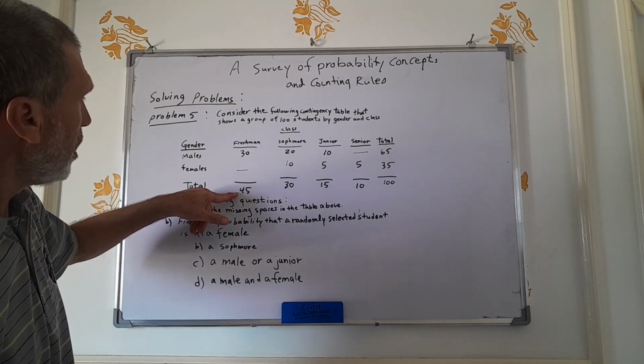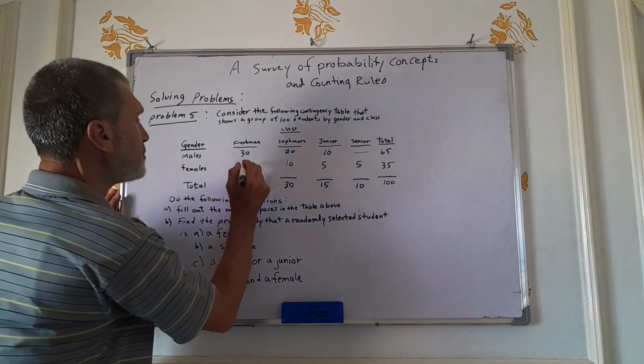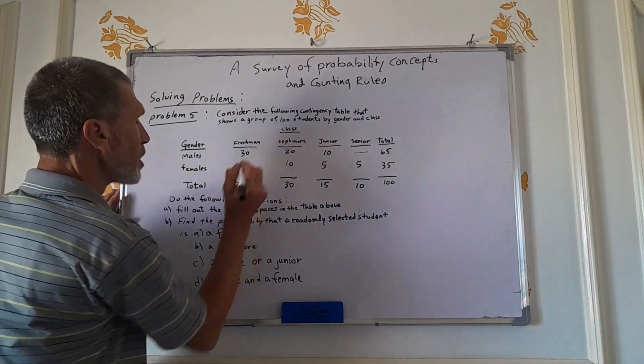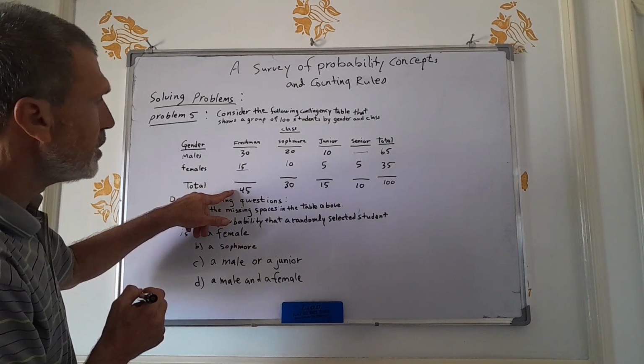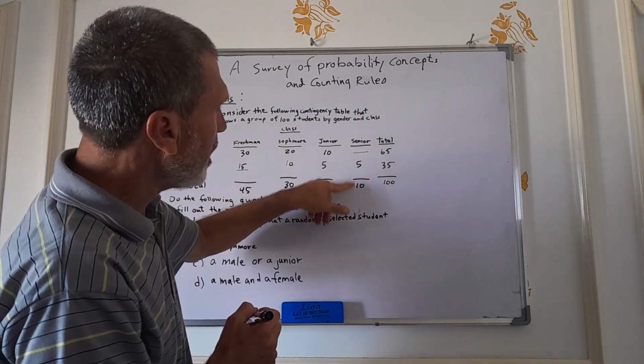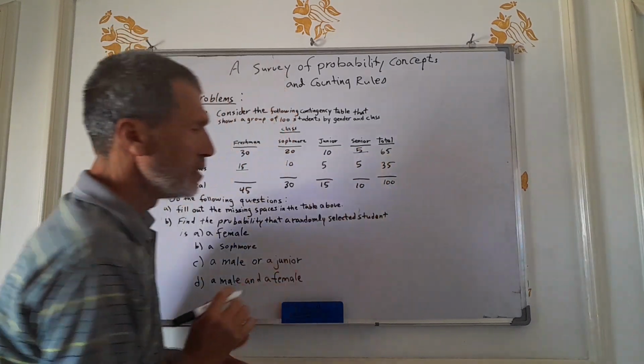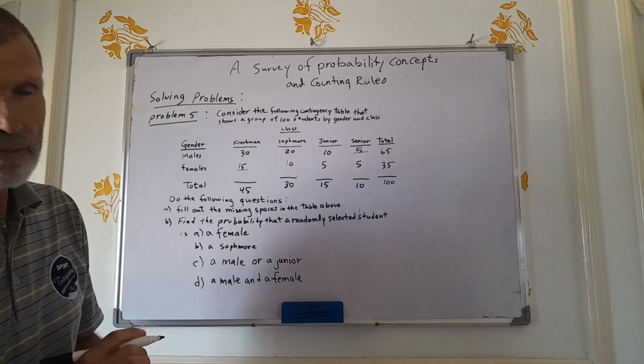The total of freshmen is 45, so we should have 15 females, because the total here is 45. Now, come over here, senior, we have the total 10, so we should have 5 over here. Okay? So here we fill out the table.